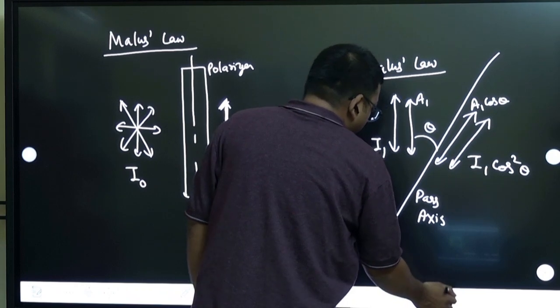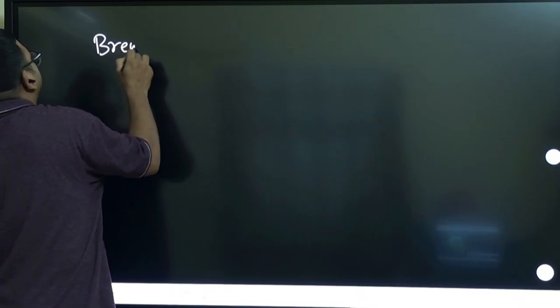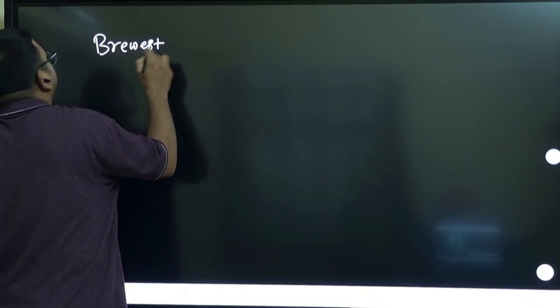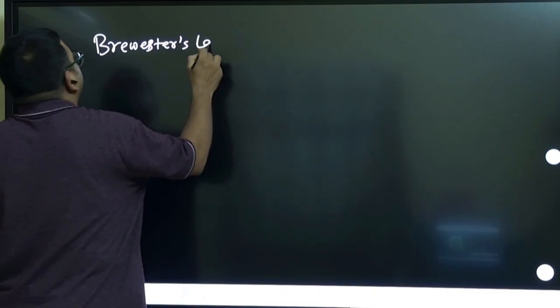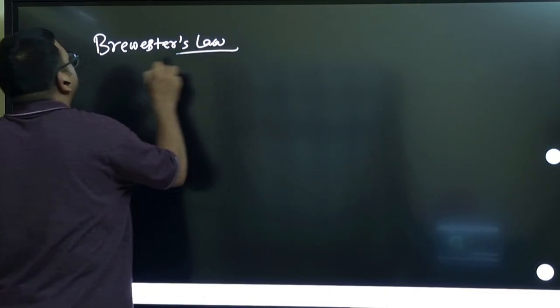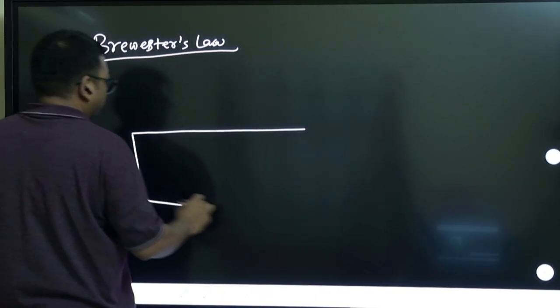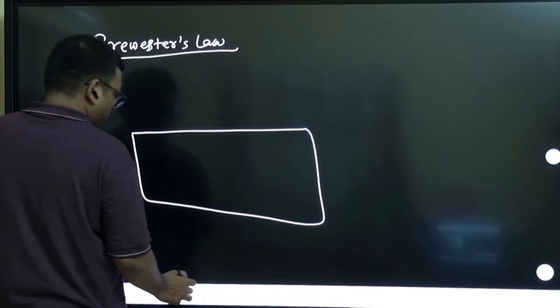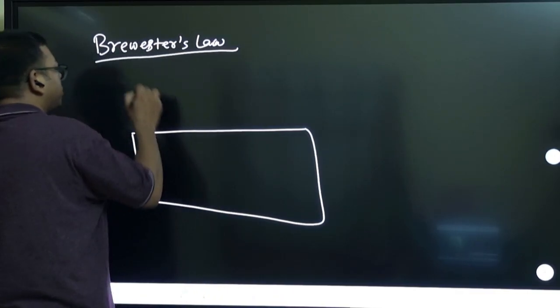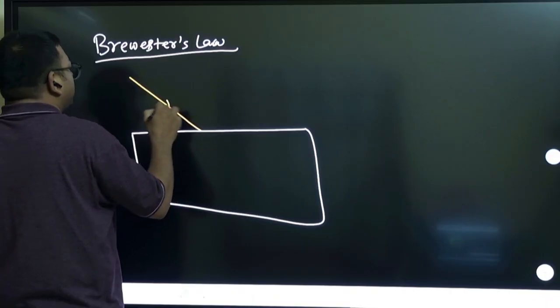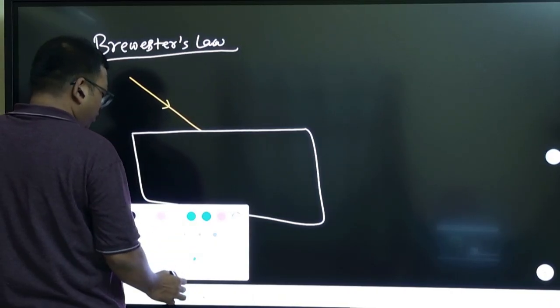And another thing is about Brewster's law. Brewster's law talks about the polarization happening due to reflection. Okay. So what happens here? Suppose a light is coming, and this light is completely unpolarized.